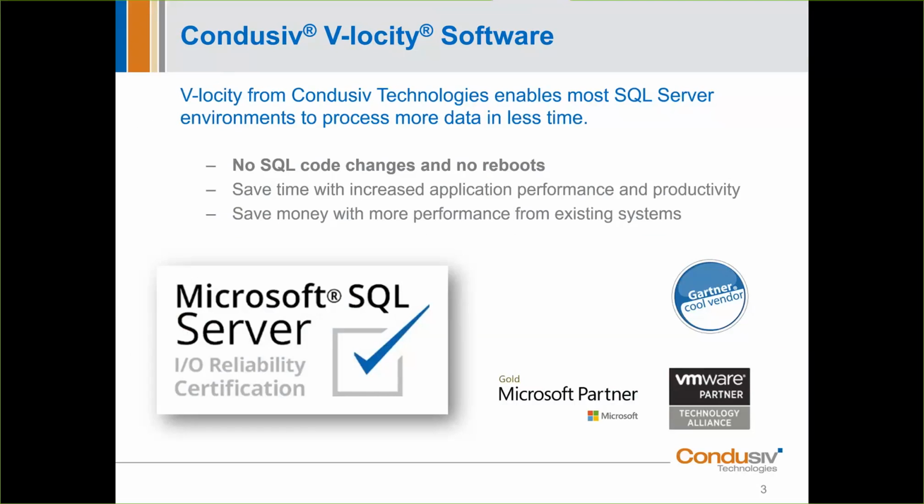The V-locity software reduces the amount of storage I/O traffic that has to go out and be processed by the disk storage layer, and it streamlines or optimizes the data which does still have to go out to disk. The net result is simply that SQL can get more transactions completed in the same amount of time, quite simply because on average it's not having to wait so much on the storage layer before being able to get on with its next transaction.